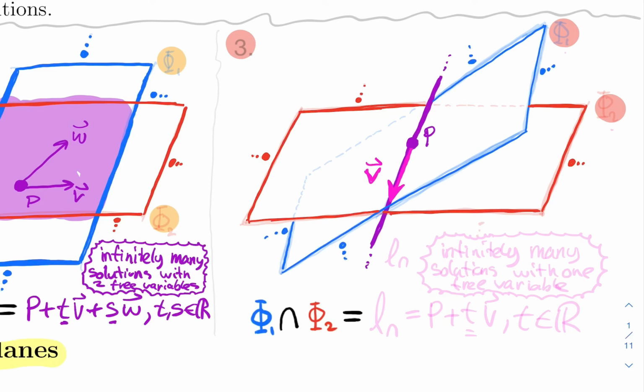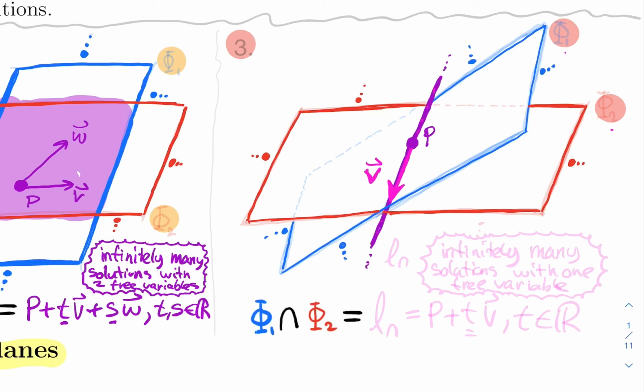So when you compute the general solution of the system of linear equations induced by bundling the equations of phi1 and phi2 together, you're going to get infinitely many solutions because there's infinitely many points at the intersection of phi1 and phi2.